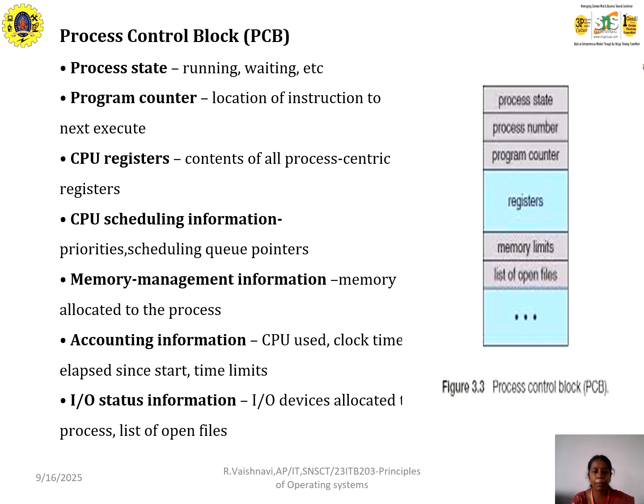Fifth one, memory management information. Here we have the memory allocated to the process. And then accounting information. Here we have CPU used, clock time elapsed since the start, and the time limits. And then last one, input output status information. Here we have the input output devices allocated to the process, and the list of open files.